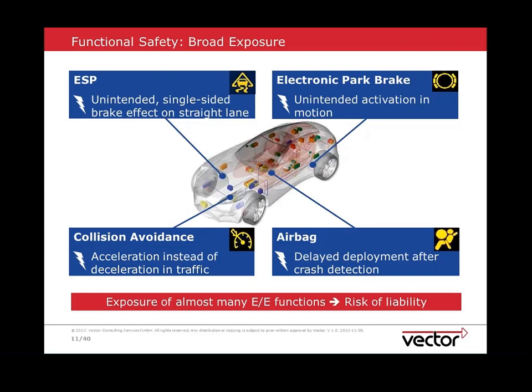If you think about ESP, it's a dynamic function in the car, and that means that there are different types of braking effects, for instance, which means that it is not anymore a single device, as we could, for instance, see with the airbag, but it is a connection of different ECUs, which then can create maybe unintended side effects because something has not been observed in the functional specification.